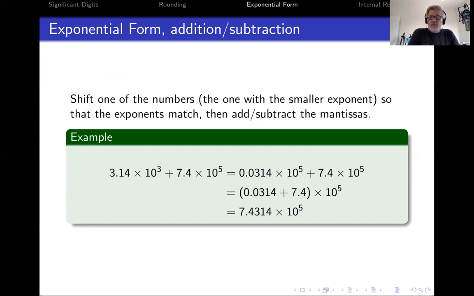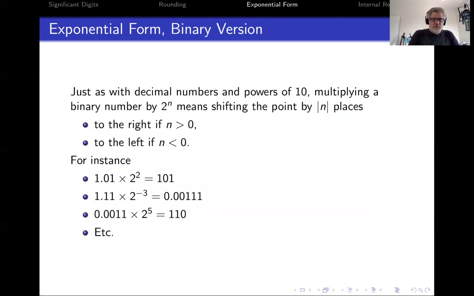These are very small examples, but one of them had three digits, and the other two in the mantissas, and we end up with an answer with 5 digits, right? So if you think of a fixed amount of space for your mantissas, which is what we will have, then you'll have to do something. The machine has to drop some digits in some way, either truncate or round, like we saw.